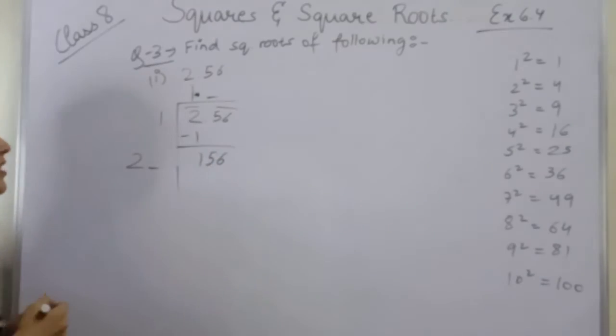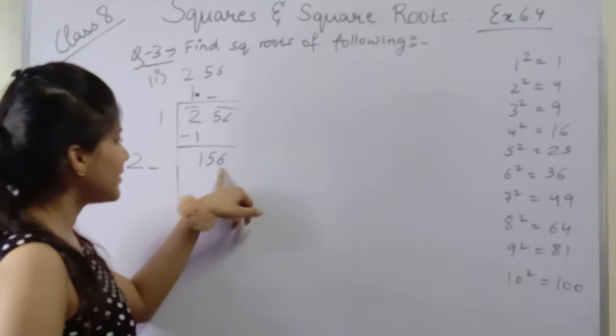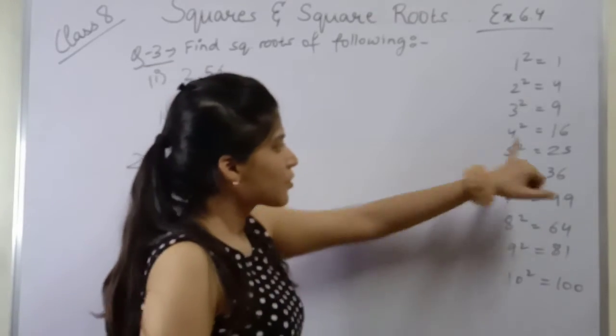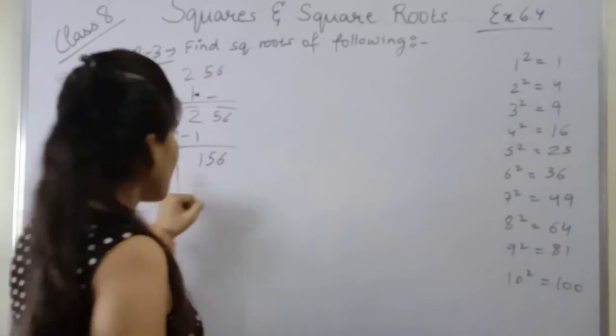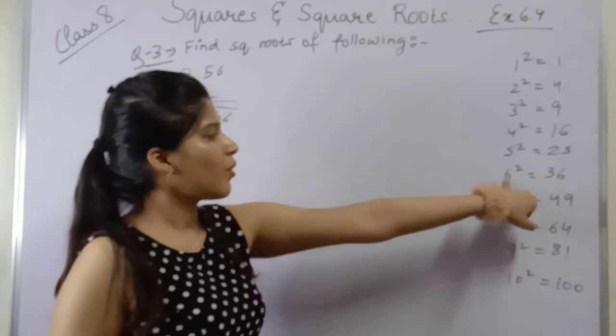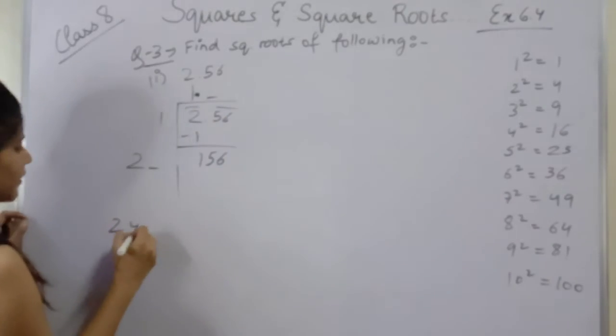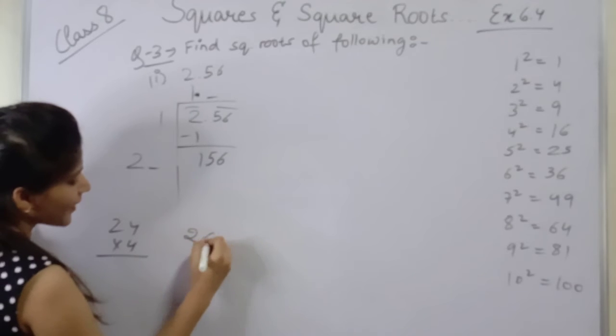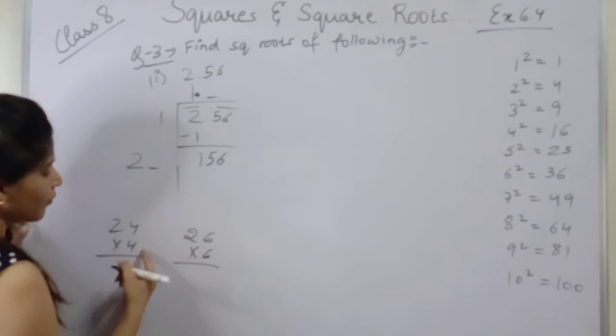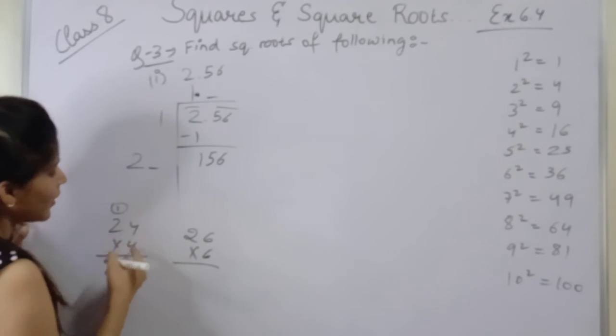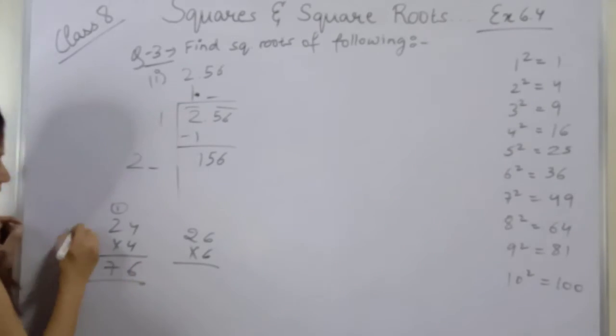We have to find this missing number, and for that we will see this number. This is 6. So either the ending will be on 4 or the ending will be on 6. So either it will be 24 into 4 or 26 into 6. So 4 4 is 16, 1 carry, 4 2 is 6 plus 1 7. इससे तो नहीं आया.